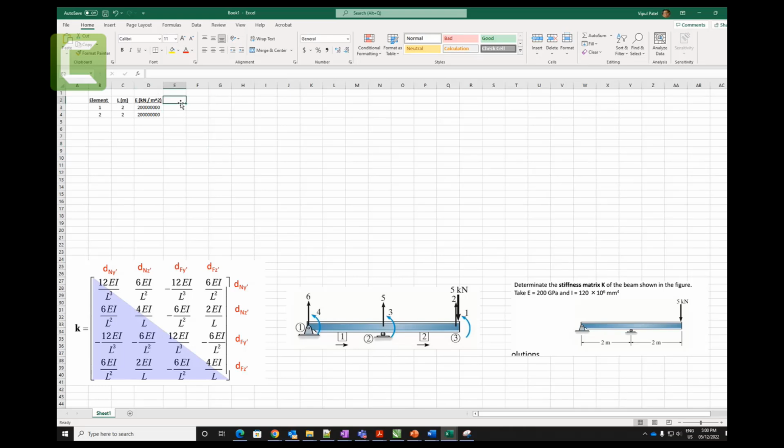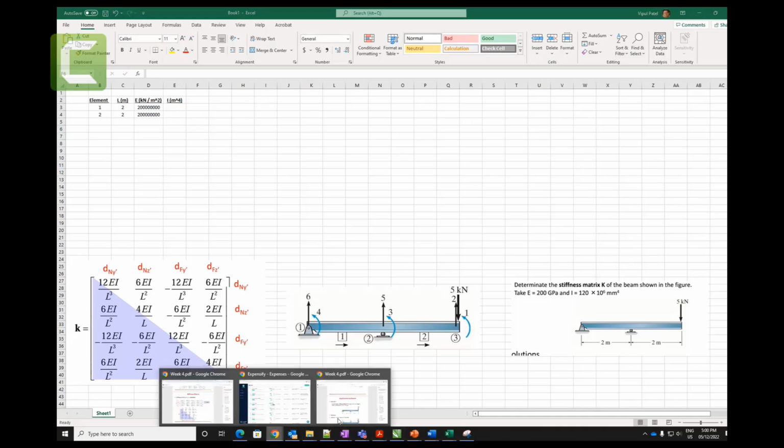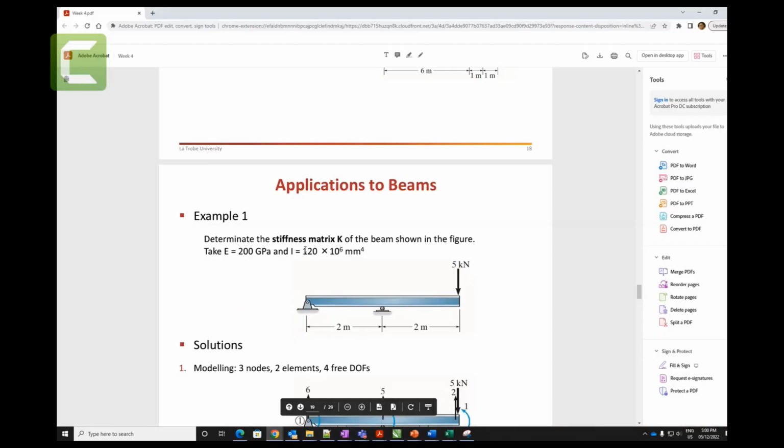Another one that you have is moment of inertia I, and we also need it in meter to the power 4. I, which is moment of inertia, let's say underline, and we can just make it I, meter to the power 4. If we go in our lecture note, I is given as 120 times 10 to the power 6 millimeter to the power 4.